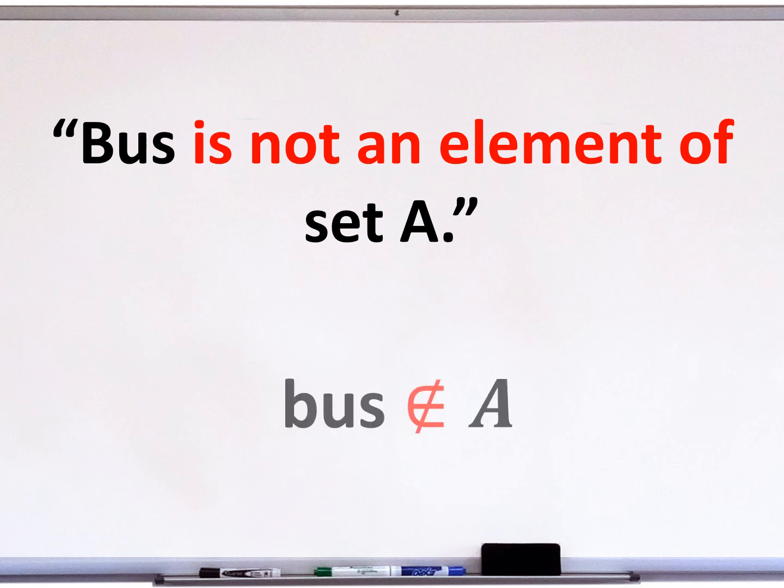It can be represented by the symbol ∈ with a slash. So if you are asked to represent mathematically that the given object is not an element of a given set, we are going to use this symbol ∈ with a slash.